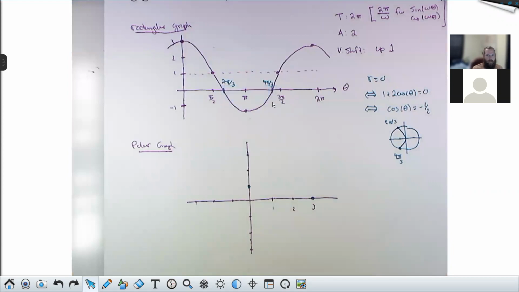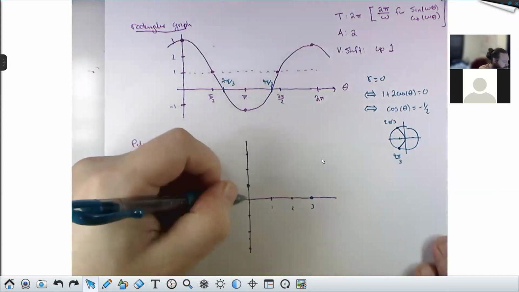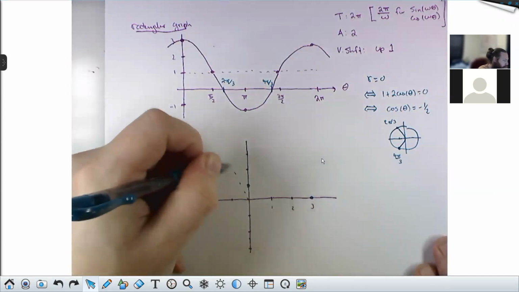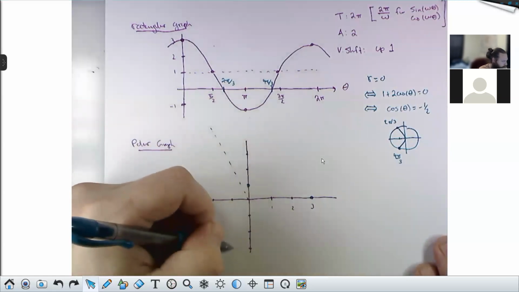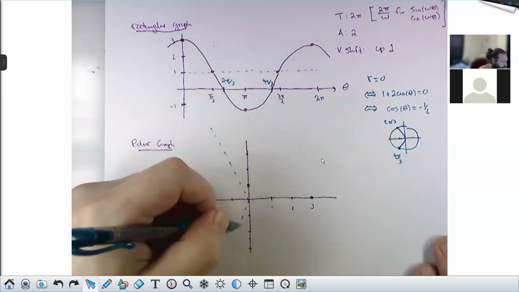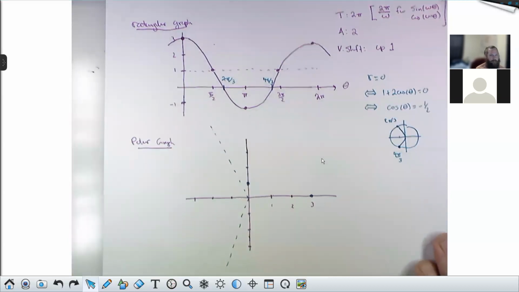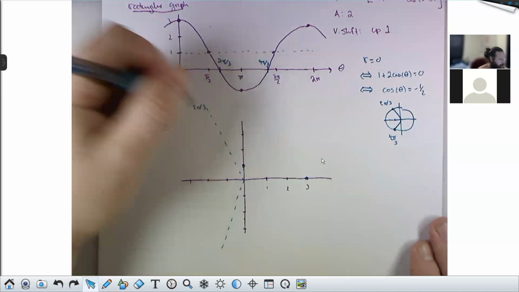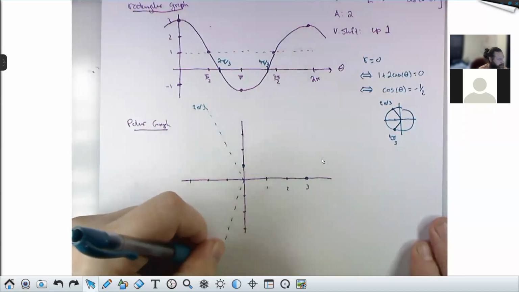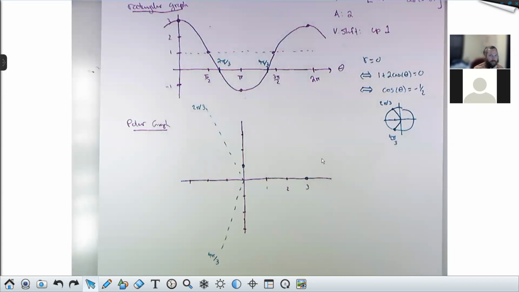These two guys are so important that we're going to draw little rays in here as guidelines. Remember the polar graphing paper had all of those rays emanating out from the origin? I'm going to draw in those little helper rays at 2 pi over 3 and 4 pi over 3. Those will be very helpful for us.